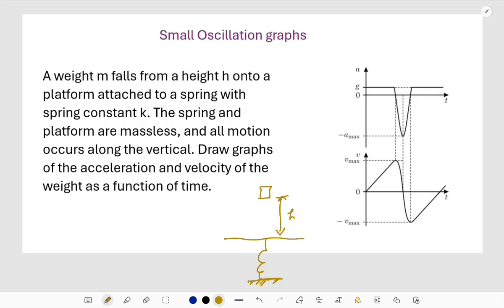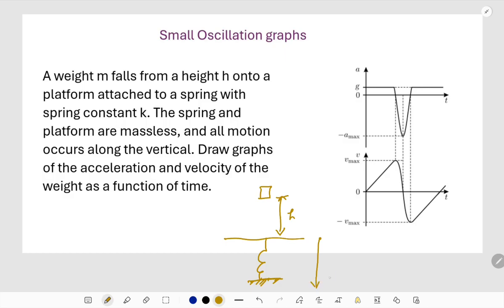So the graph is already drawn, you can see it on your screen, but think about this. The graph is drawn by taking the coordinate axis x downward, and I have placed the origin where the platform is located with the undeformed spring.